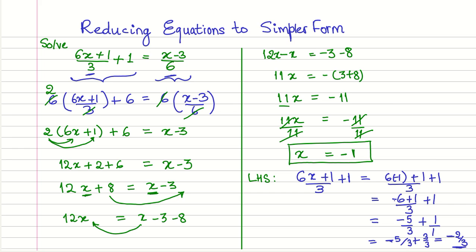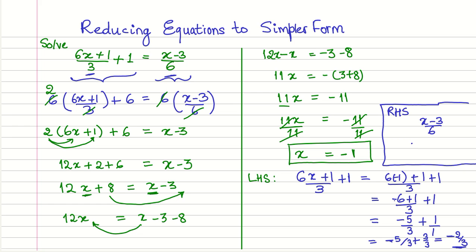Now I have run out of space, and for the sake of continuity we will just continue it over here, checking on the right hand side. The right hand side is pretty simple. We have (x - 3)/6.